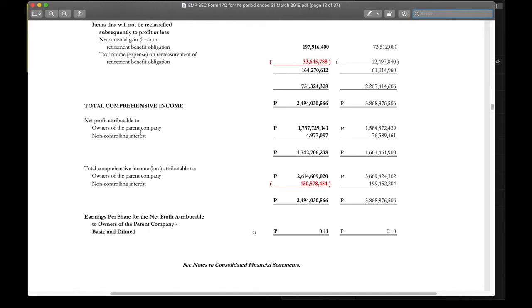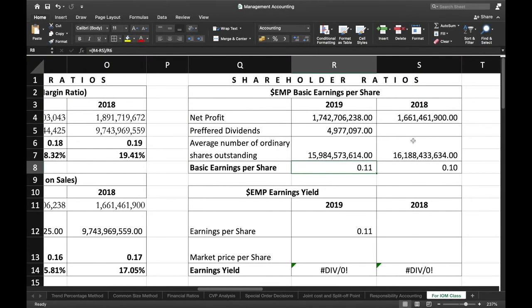So, wala tayong pakialam dun sa owners of the parent company dahil that is not a dividend. And dividend is binibigay siya sa shareholders non-controlling interest. Meaning to say, for the year 2018, ito ang ating magiging preferred dividend. 76,589,461. So, let's copy this and paste natin sa ating Excel.